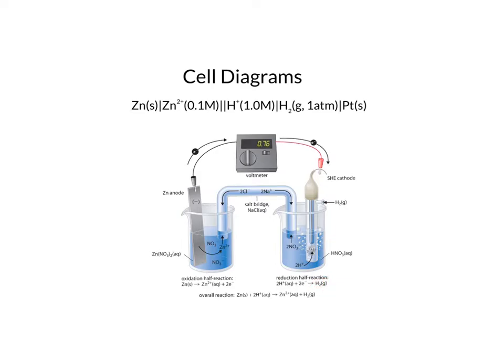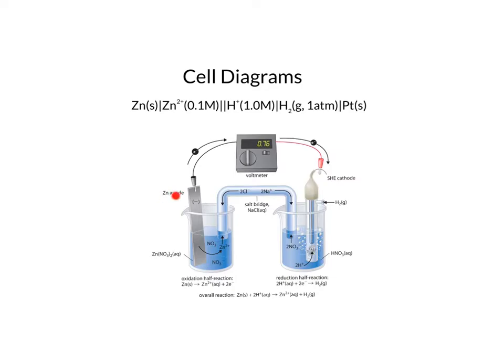In general, we typically use a platinum wire to do that. The platinum wire shown here conducts the electrons into the solution so that they are available for this half reaction. When we have an electrode that is not part of the half reaction, that's called an inert electrode.